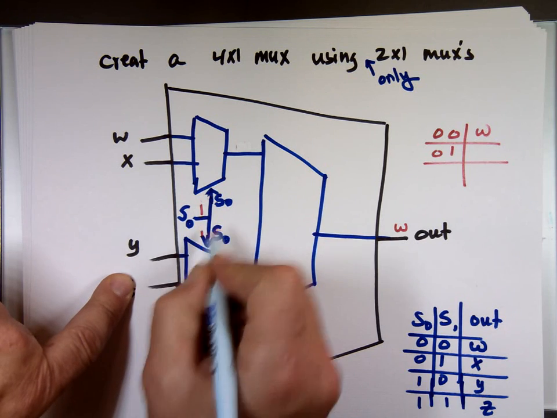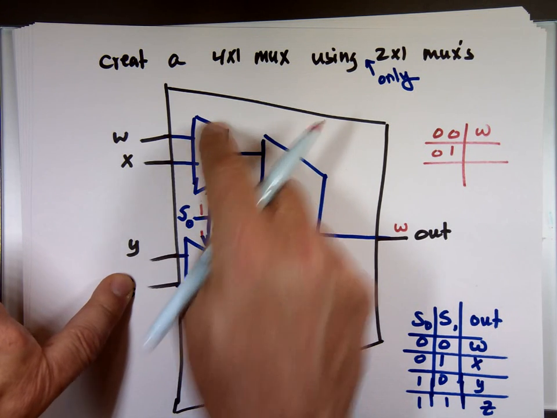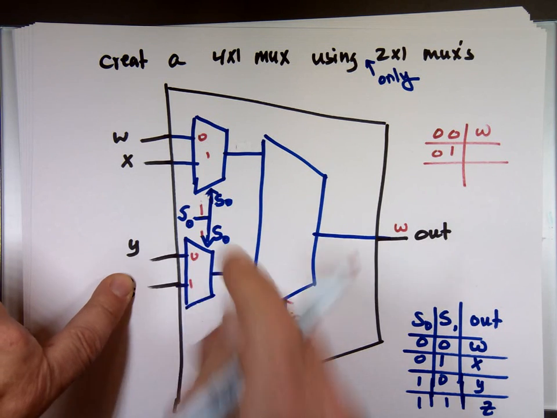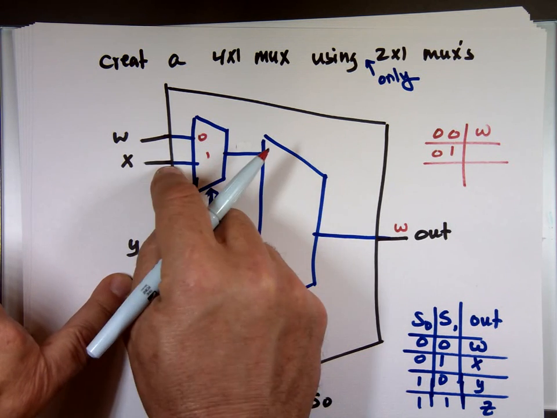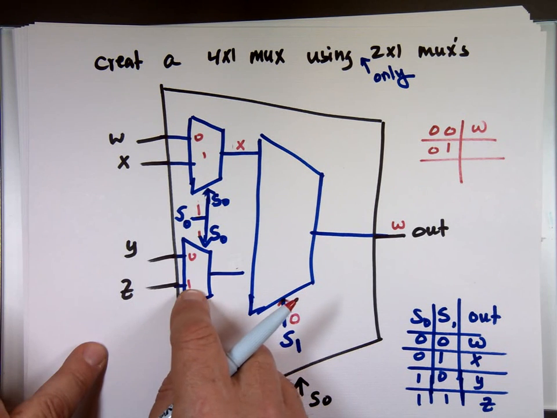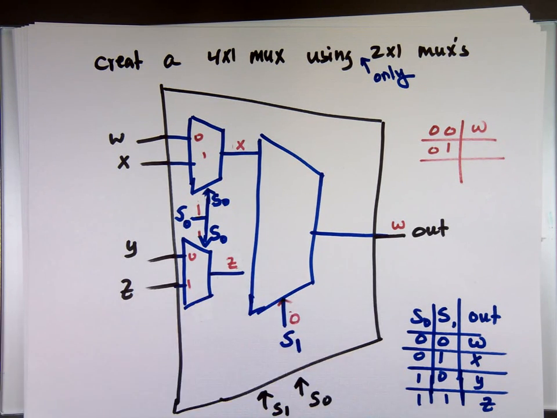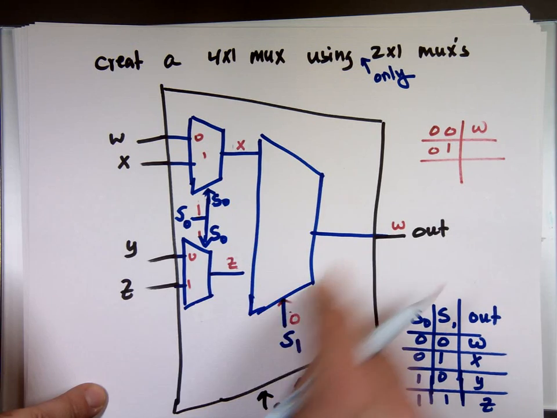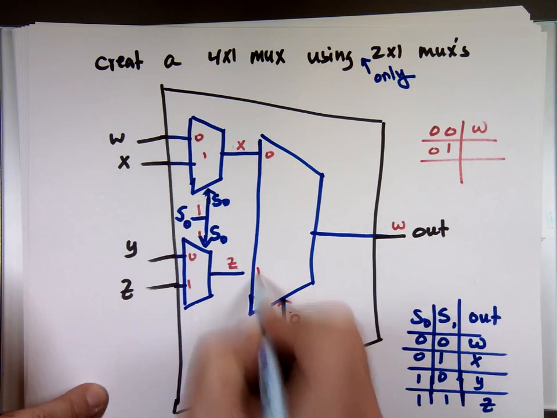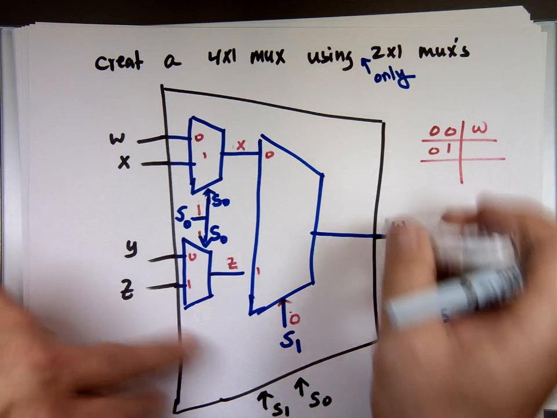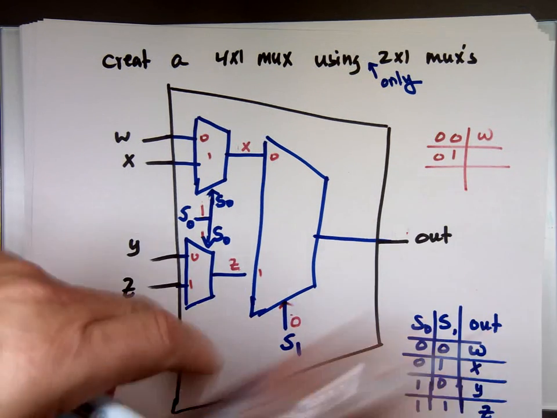It says the output of this is going to be whatever attached to pin 1. This is pin 0, pin 1. When this is 1, your output's whatever attached to pin 1, which is X. When this is 1, your output's whatever attached to pin number 1, which is what? Z. Now they come to this one. This is 0. Your output for this is going to be whatever attached to pin 0, which is what? X now. Is it supposed to be X when it's 0, 1? X.